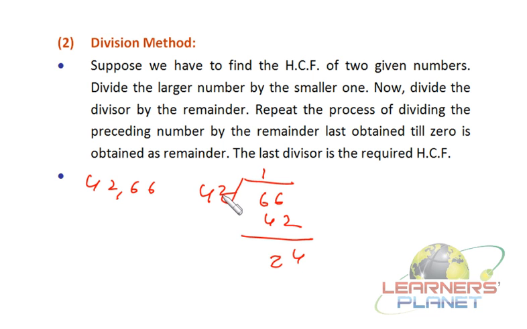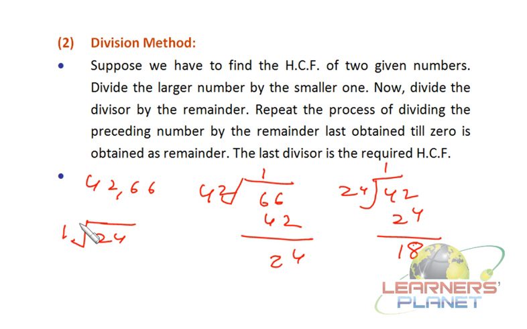Now I'll be using 42 as dividend and 24 as divisor. So it's 24 and 42. 24 ones are 24 and I'm left with 18. Now further I have to divide 24 by 18. 18 ones are 18, now I'm left with 6.